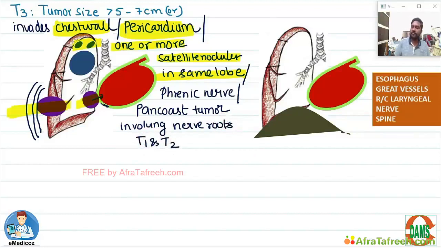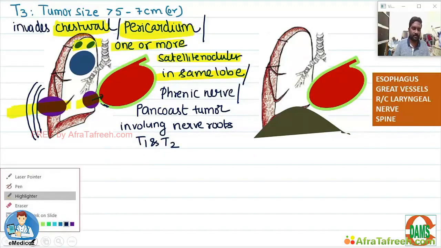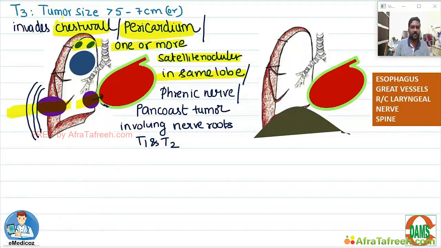If it involves only the nerve roots T1 and T2, it is also included in T3. For T3, you should know this size: it varies more than 5 centimeters, up to 7 centimeters.